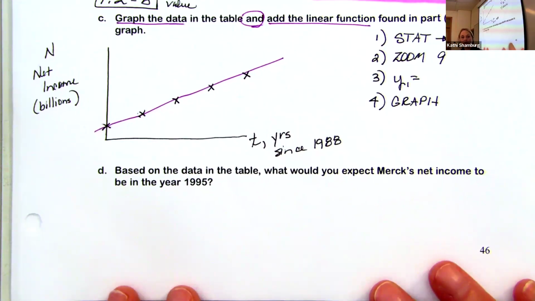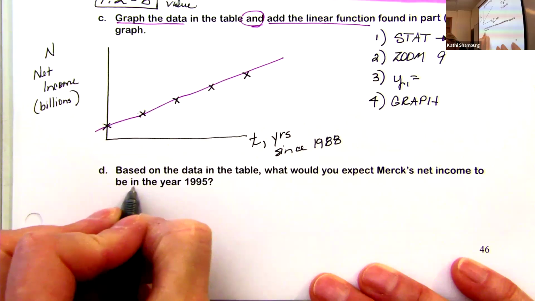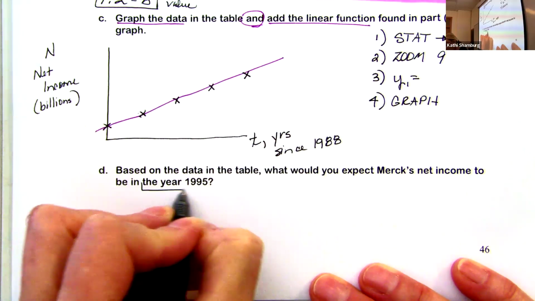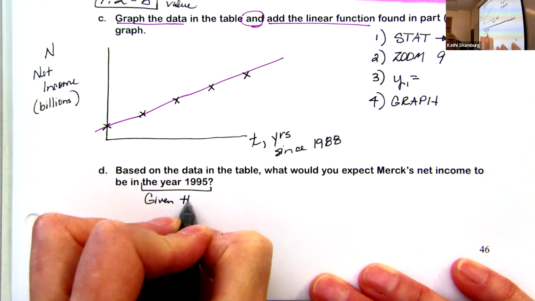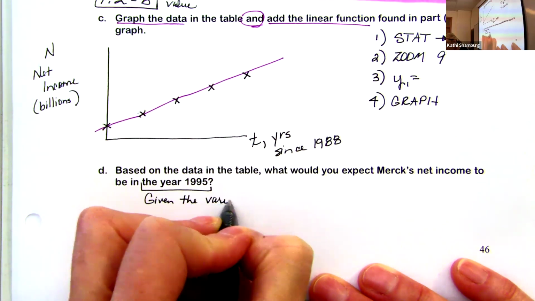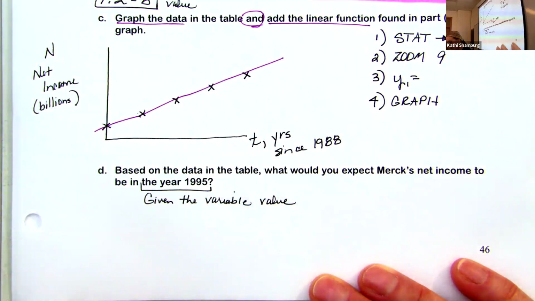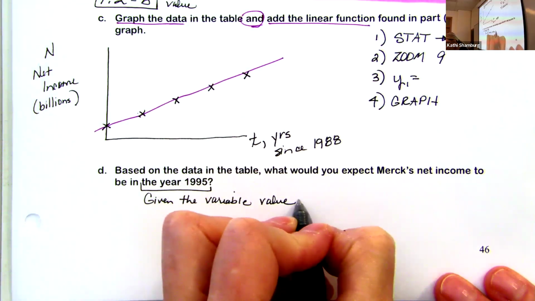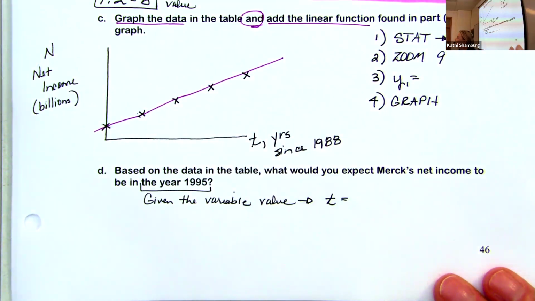All right. Based on the data in the table, what would you expect Merck's net income to be in the year 1995? Okay, what did they give us? The variable value, and the variable is T. So does T equal 1995?